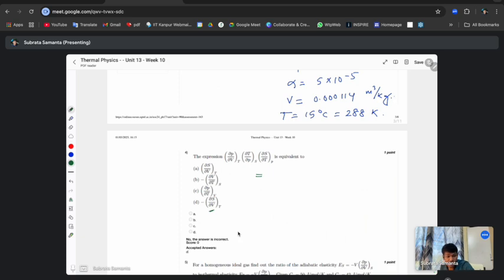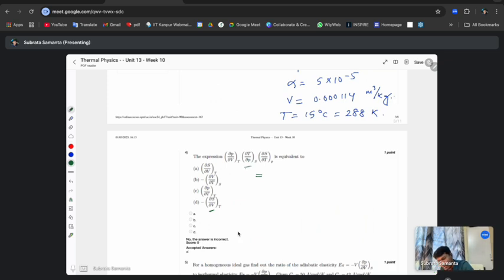Any of the four options have only one derivative. So we have to choose the Maxwell equations. First, let's take del T del P.